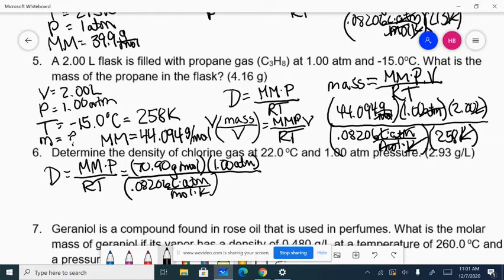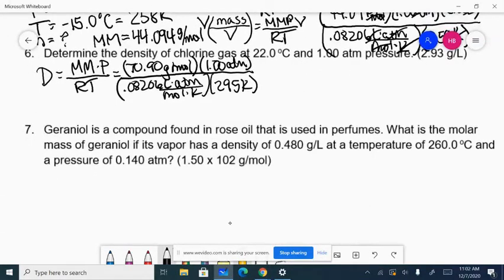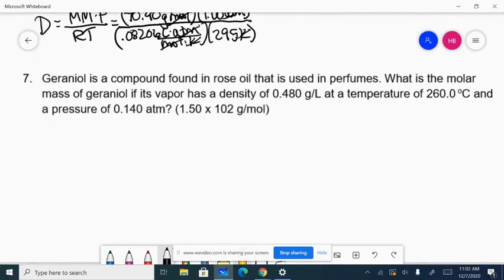And temperature, of course, has to be changed to Kelvin every single time, for 295 K. K's cancel, atmospheres cancel, moles cancel, and you're left with units of grams per liter. Grams on the top and liters on the bottom is acceptable units for density.